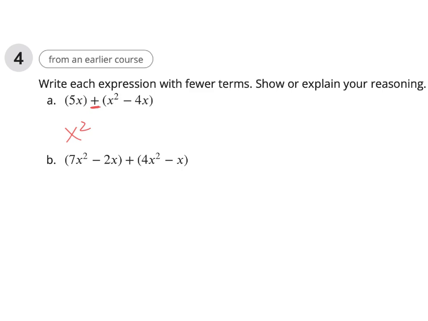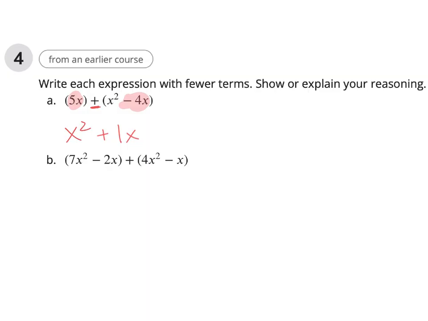Okay. Now, 5x is like -4x. Don't forget to put the sign with it. So 5 minus, they both have x to the first power. We subtract them. 5 minus 4 gives us positive 1. So we get x squared plus 1x.